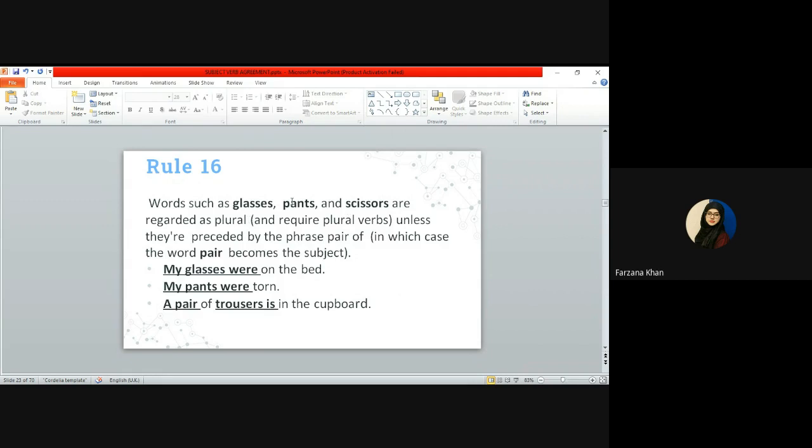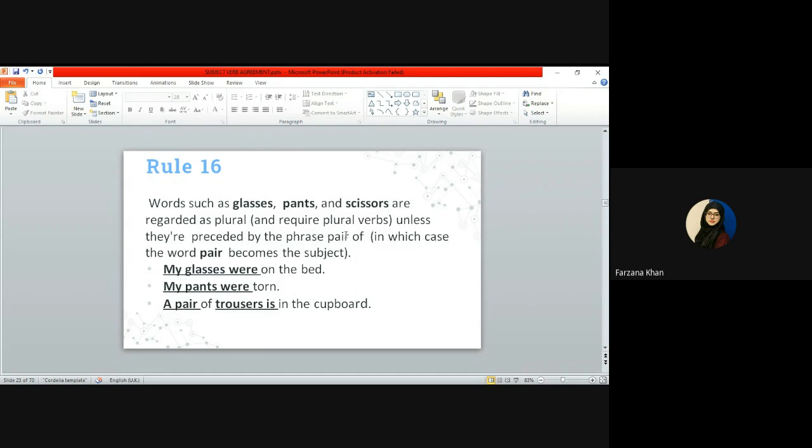Right? So glasses, pants, and scissors are such words that when they are used in a sentence as a subject, they will always require a plural verb. But there is also an exception, which is when we use a pair of, one pair of, two pairs of, three pairs of, or we can simply say the pair of or a pair of.